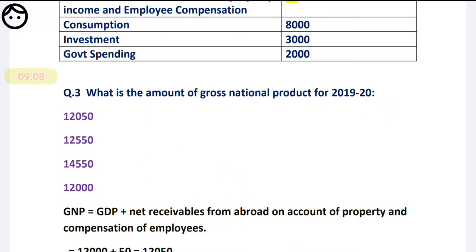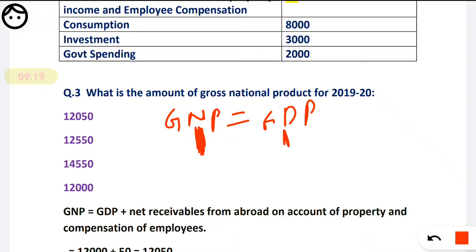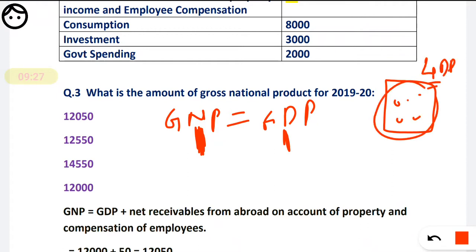So here what I basically want to tell you, see, in gross national product nationality is assumed instead of domestic. What does that mean? Suppose this is India, whatever you produce in India will be your GDP, okay, because it is within the territory.